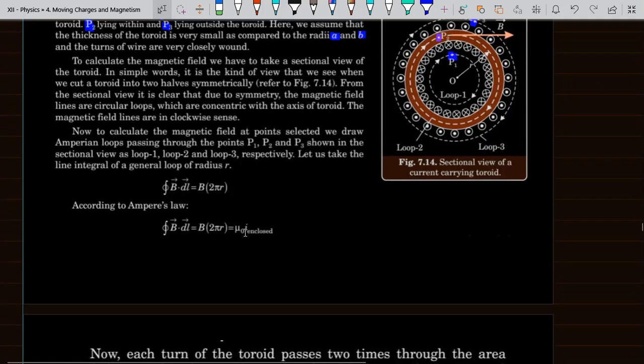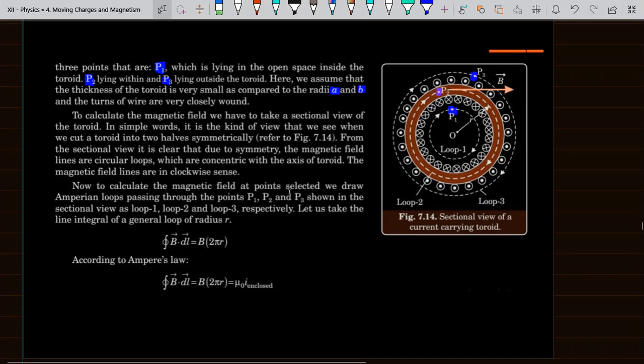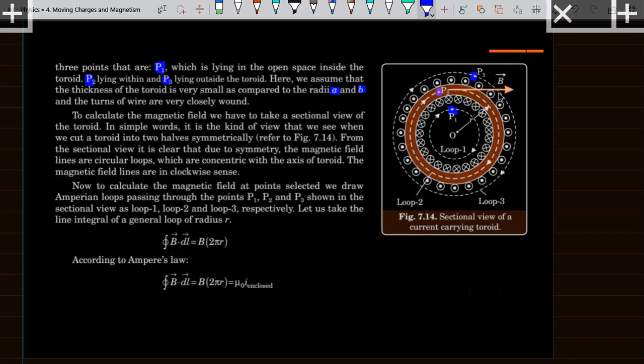To calculate the magnetic field, we have to take a sectional view of the toroid, which is shown here in this figure. This is the sectional view, side view. If you cut the toroid, it will look like this. You see these dots on the outer periphery? Those are all the cross sections of the wire through which the current is coming outside.